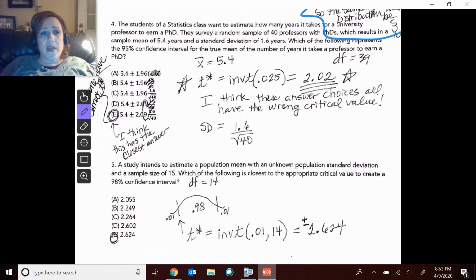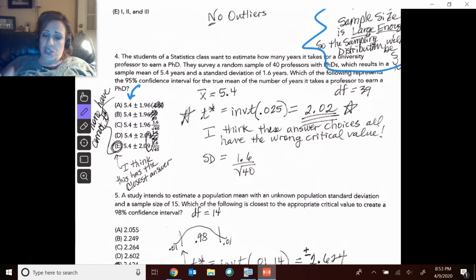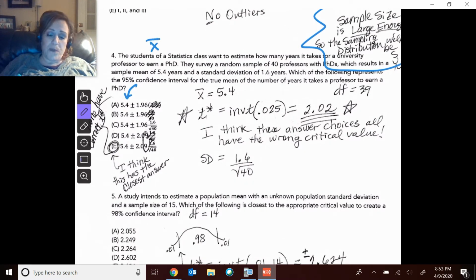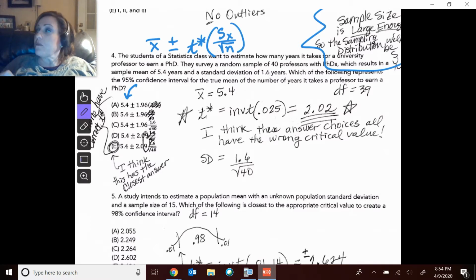For that formula, we have to have the statistic, which in this case is the x-bar. So we have x-bar plus or minus your critical value, which is t star, times your standard error, which is s of x over the square root of n.